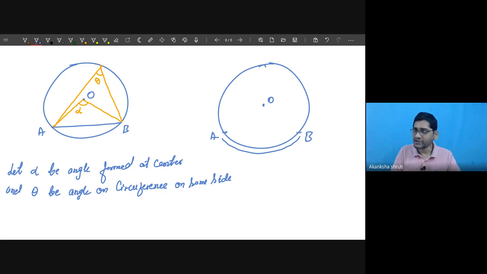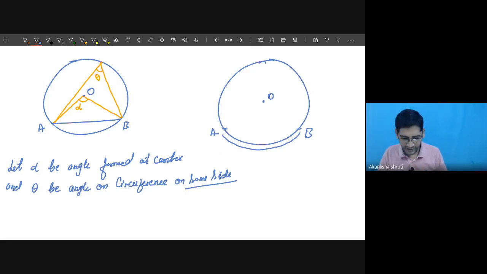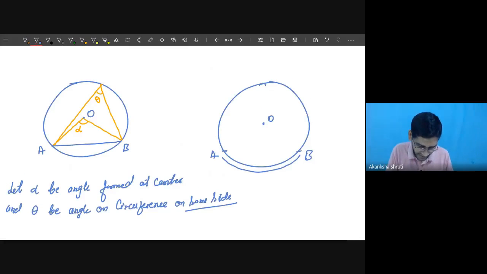What do we mean by on the same side, students? So please understand this once again. Here alpha and theta are on the same side of chord. What we are observing here is that this chord is dividing this circle into two segments.